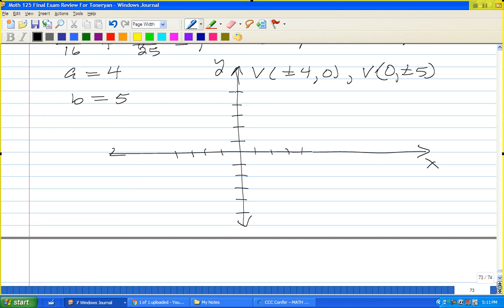Okay, so it should look something like this. Not too bad there. It's looking a little bit better at least. So the center is at the origin. You go 4 in the x, 5 in the y.